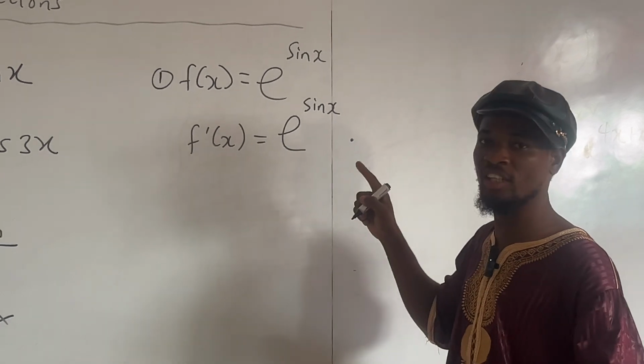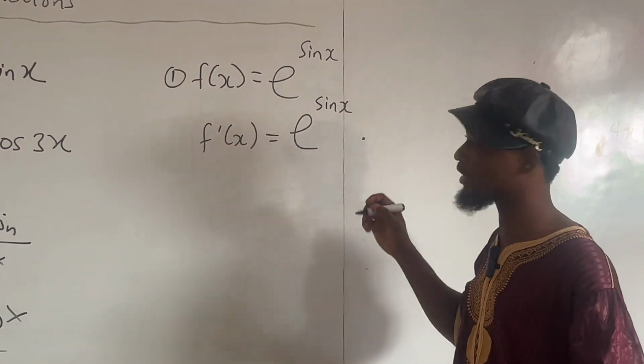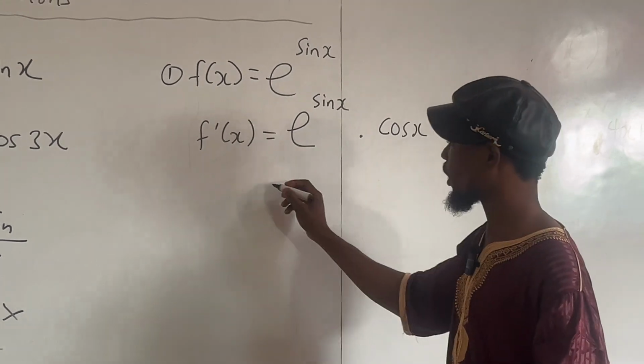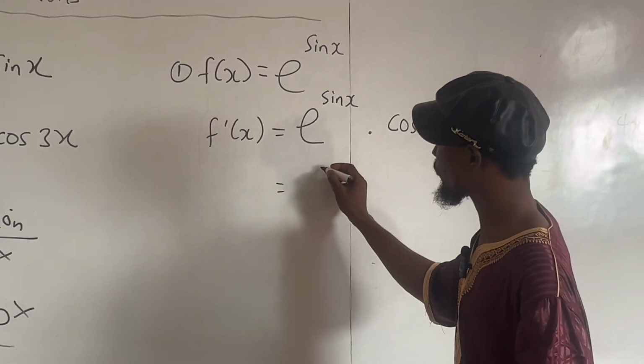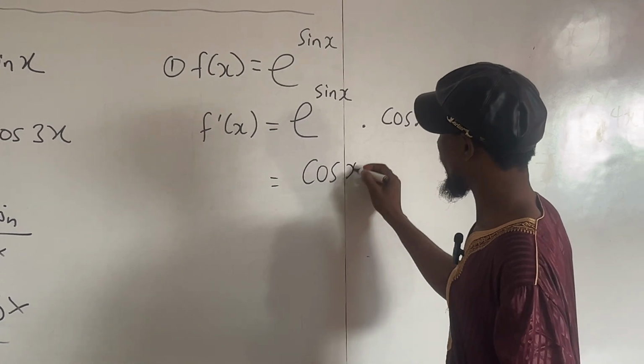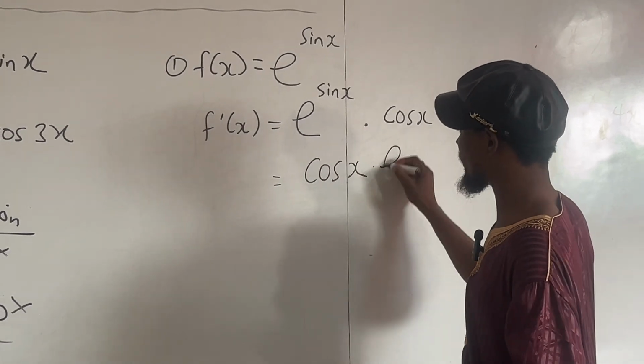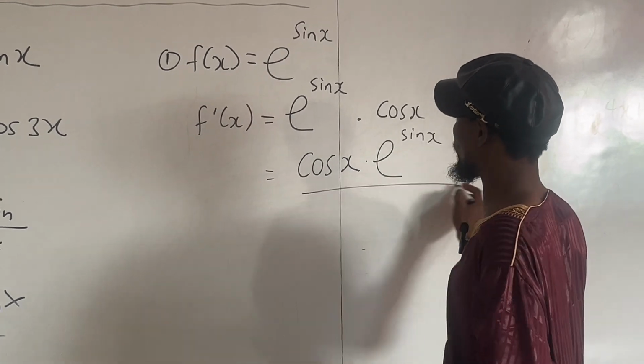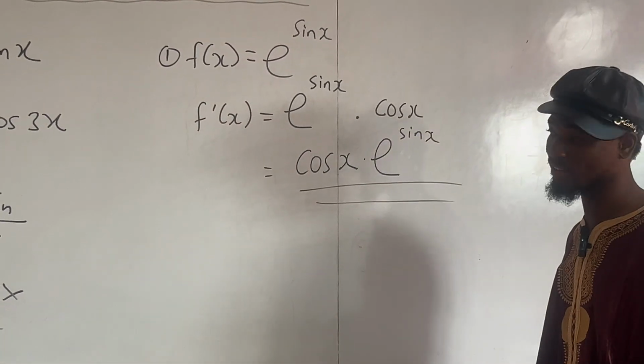So if I differentiate sine x, what would I get? I'll get cos x. So when you multiply them, you have cos x times exponential sine x. As simple as that.